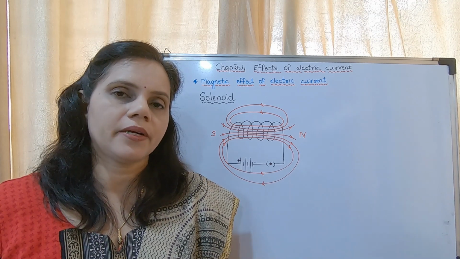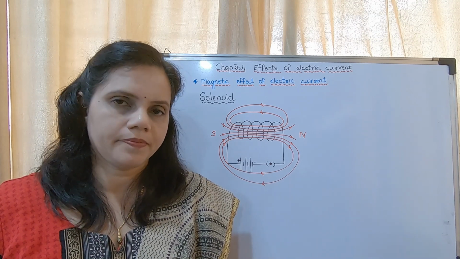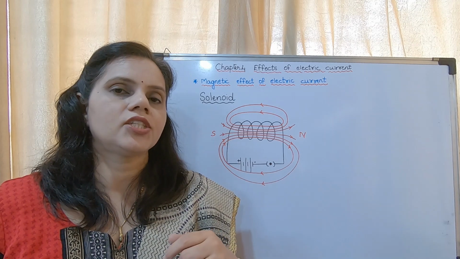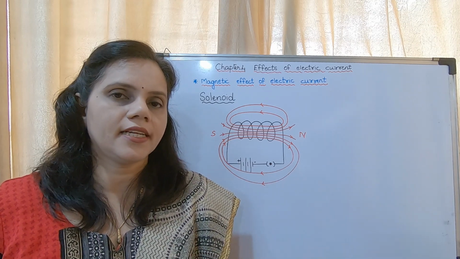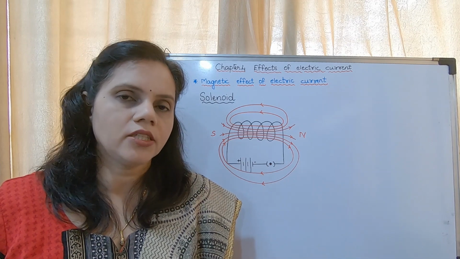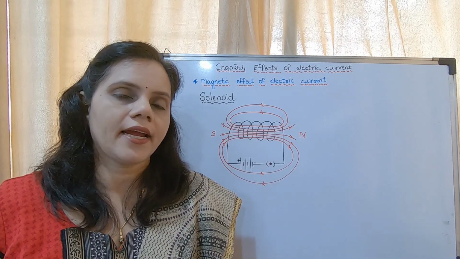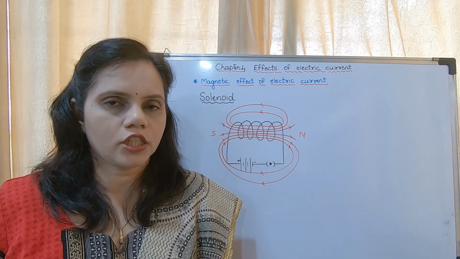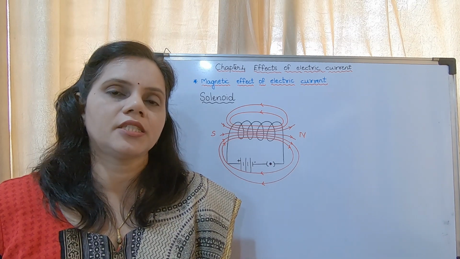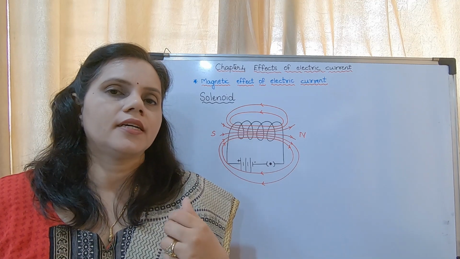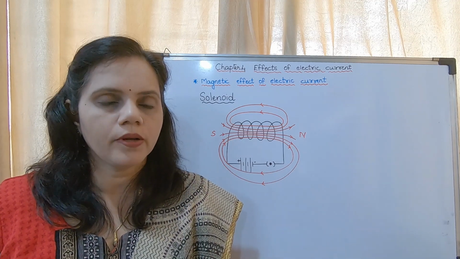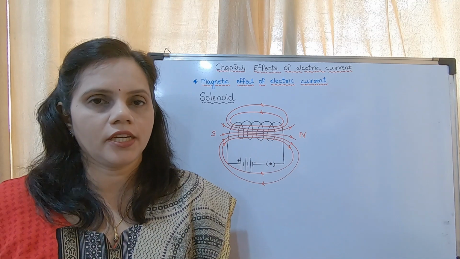The second experiment was that of the cardboard, in which the iron filings got arranged in the form of concentric circles. Based on that, two rules are put forward: right hand thumb rule and corkscrew rule. The mostly asked question is right hand thumb rule. The next is about circular loop and the last is about solenoid.